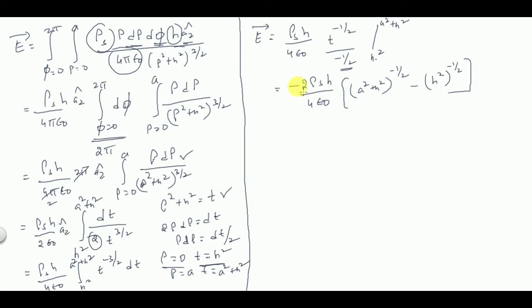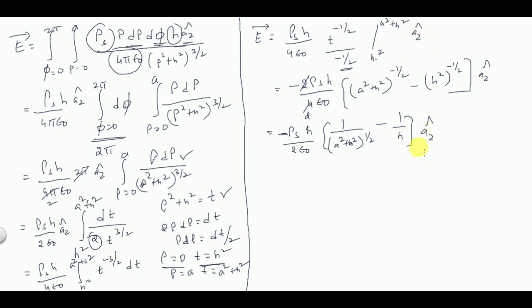So the 2 ones and 2 twos are here, so minus rho s into H divided by 2 epsilon naught into 1 by (a square plus H square) whole to the power of 1 by 2 minus 1 by H. So az cap is there.